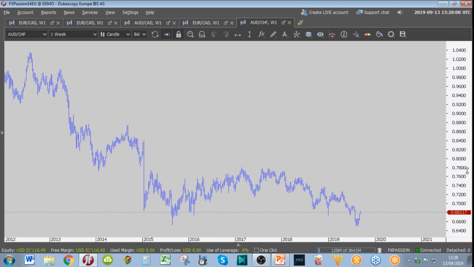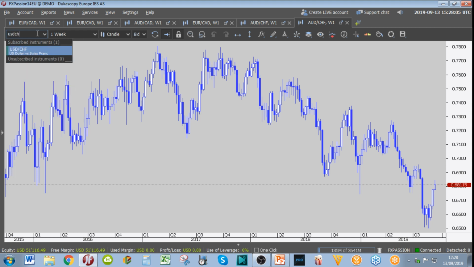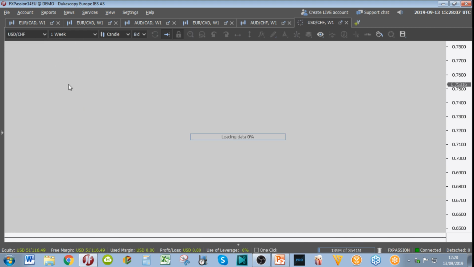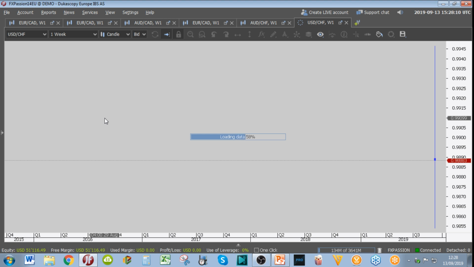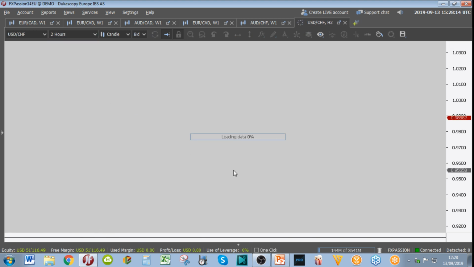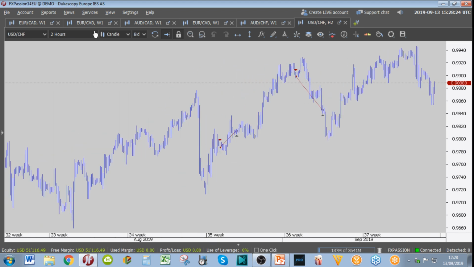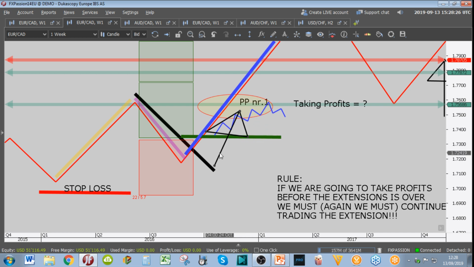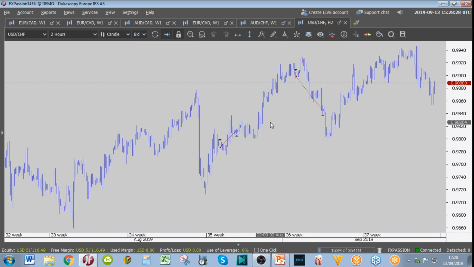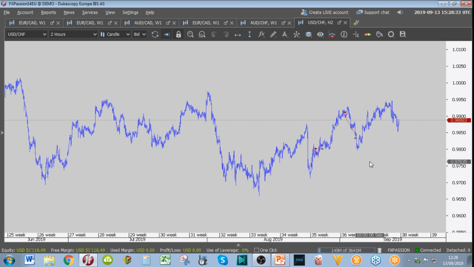And oh, there is no trade, and I'm going to check the USD-CHF 2-hour chart. Is anything wrong? For the one who are saying yes, it's wrong, what is wrong, and most importantly, why is it wrong? I made a profit on Euro CAD, so I'm going to trade USD-CHF. Right? Is anything wrong?